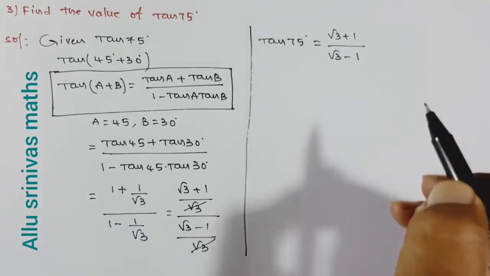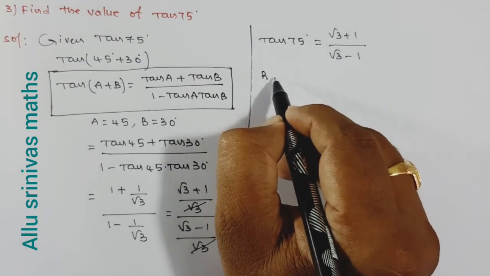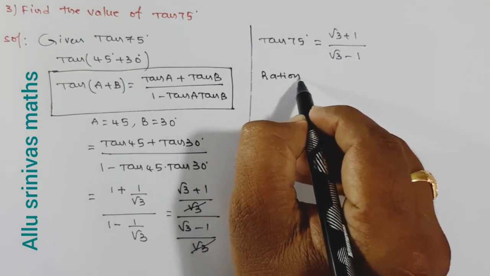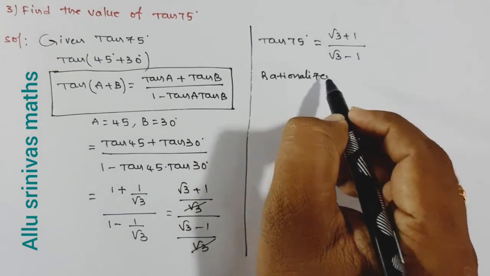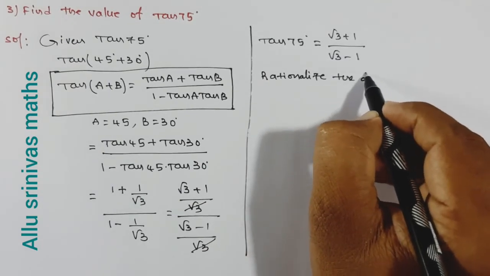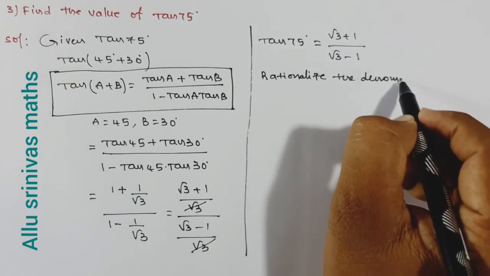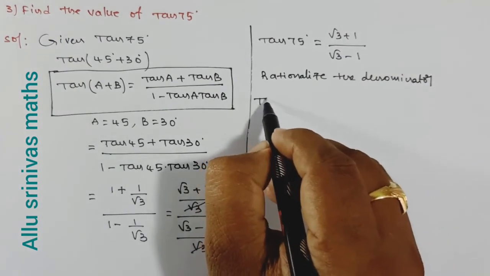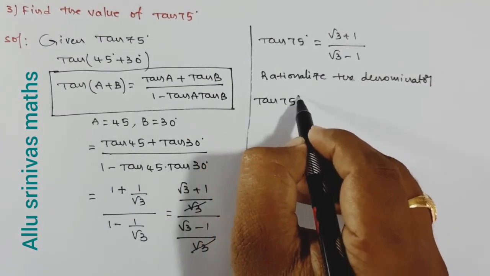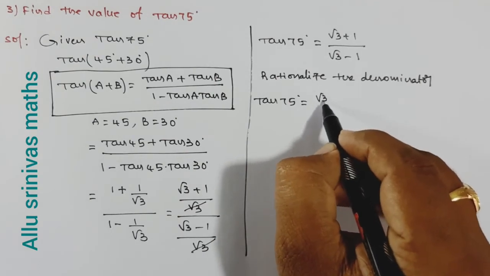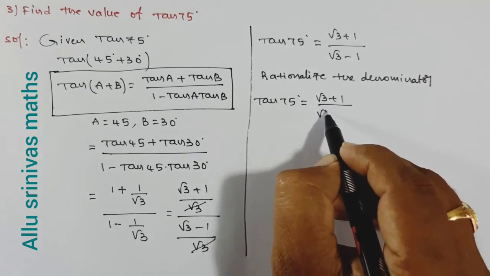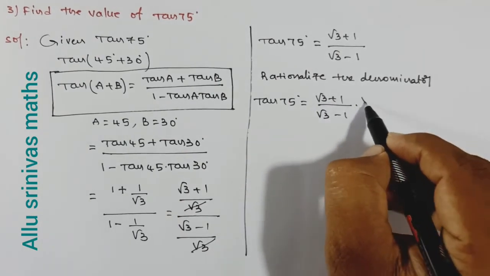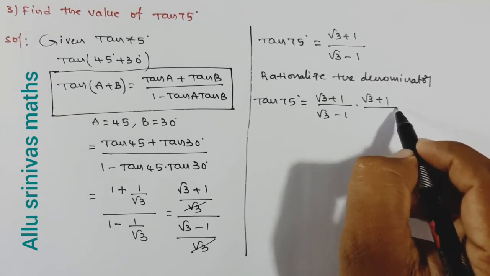Then rationalize the denominator, because the denominator has an irrational term. Rationalize means we take the opposite sign and multiply in numerator and denominator.